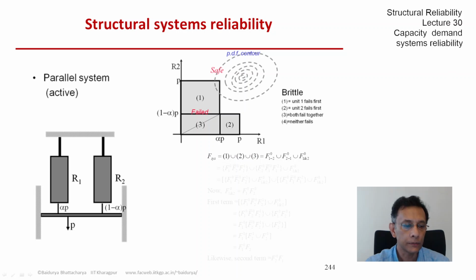F01-2 means failure starting from intact condition. 0 means no element has failed, so that's the intact state. And then in the subscript we have 1-2, so 1 fails first, followed by 2. Union, we have F0 in the superscript, 2-1 in the subscript.